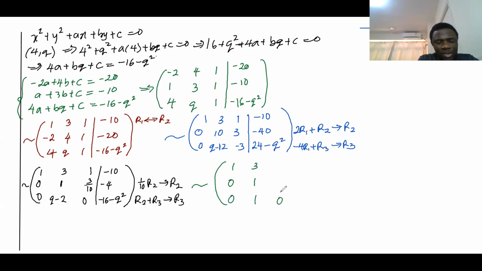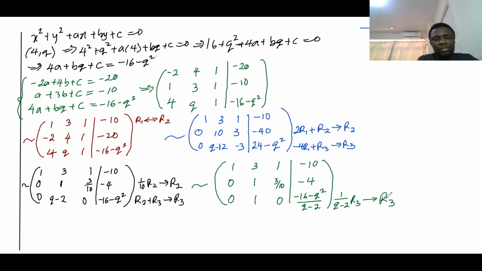This remains 0, do you notice that? This will be minus 16 minus q squared divided by q minus 2. So what we have done is to say 1 over q minus 2 R3 is now the new R3.